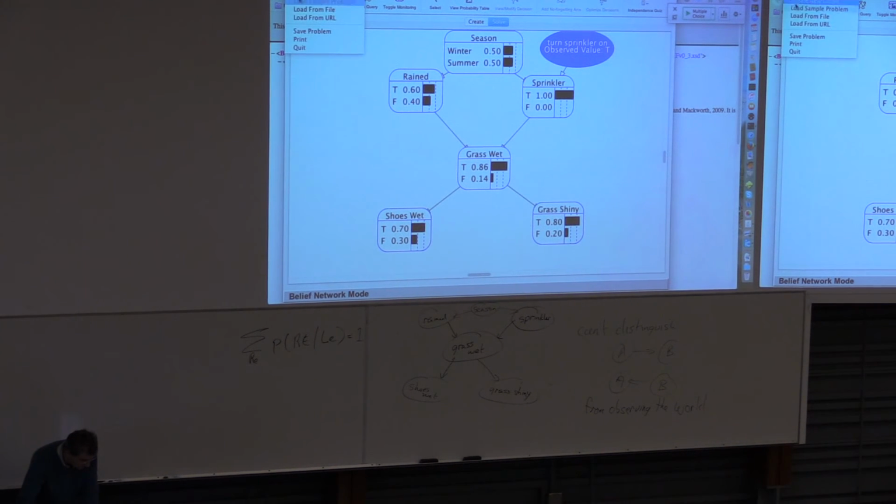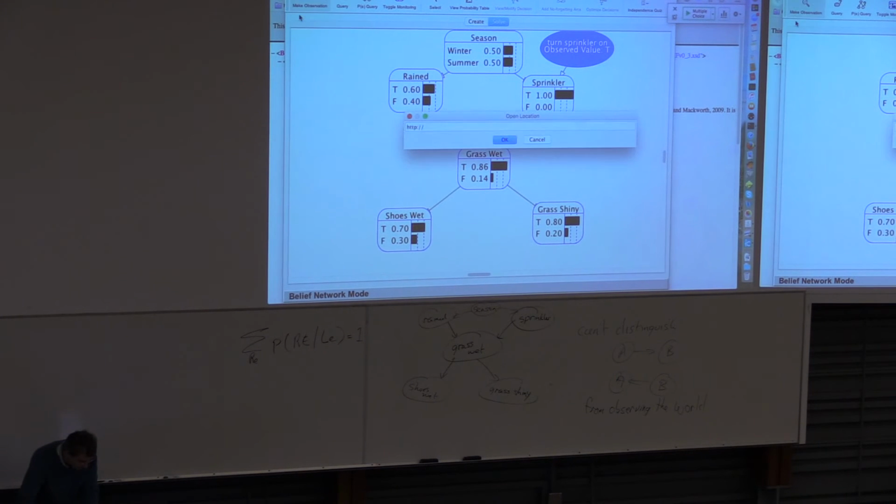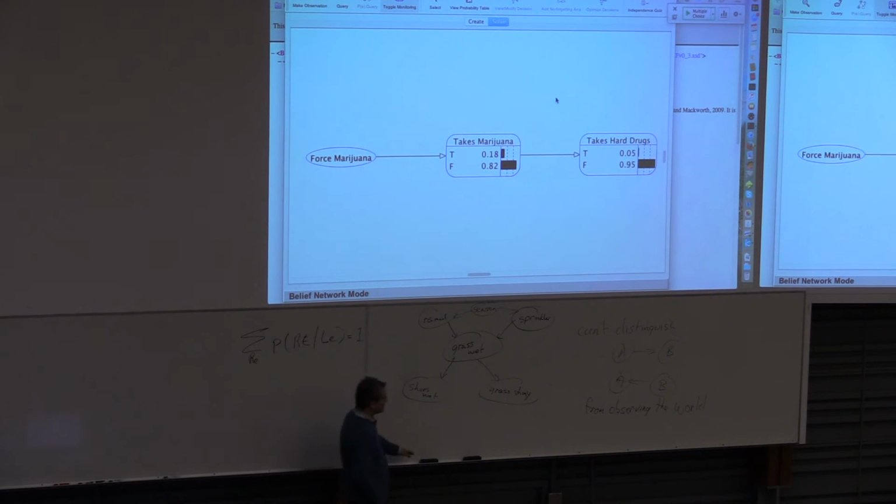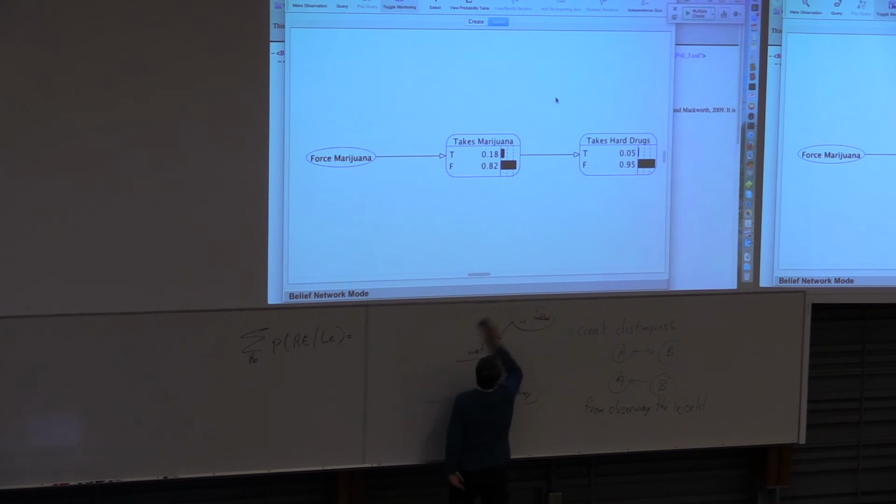File, load from URL. And we're going to have a forcing model in here. We're going to model this. And we're going to model this. All right. Here's my stupid model. It's not very realistic.